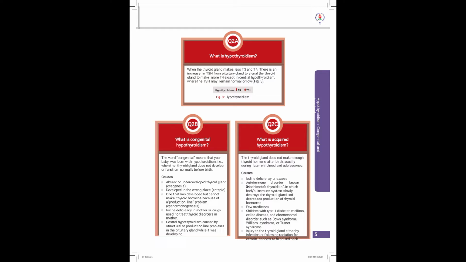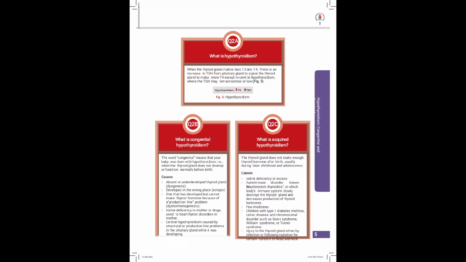Causes can be iodine deficiency or excess, or autoimmune disorders, commonly Hashimoto's thyroiditis, in which the body's immune system slowly destroys the thyroid gland and decreases production of thyroid hormones. These are the two most important and common causes associated with acquired hypothyroidism.